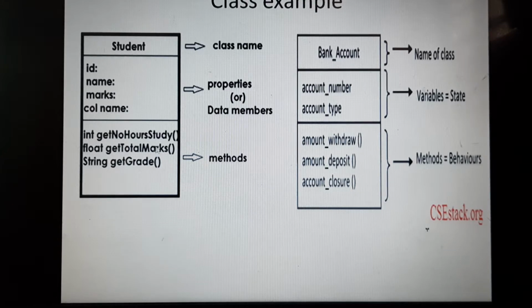So these are the methods and these are the properties, and student is the name of the class. Similarly, we can create another class, bank account. It has two variables or properties or data members or state, that is account number and account type, and there are three methods or functions or behaviors. These are amount withdraw, amount deposit, and amount closure. So these are two very good examples of how a class can be created.